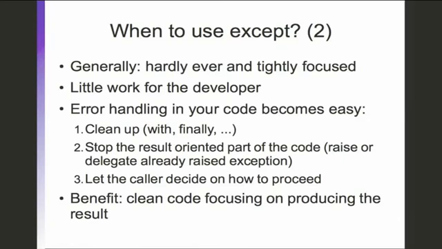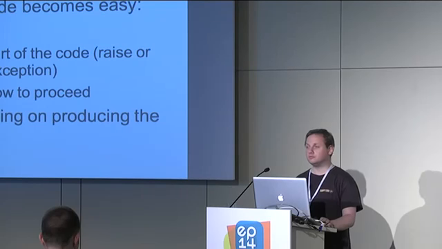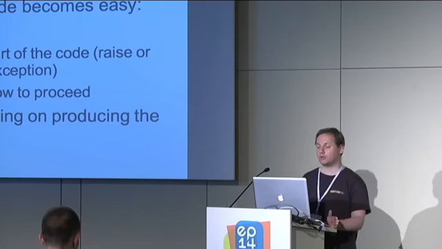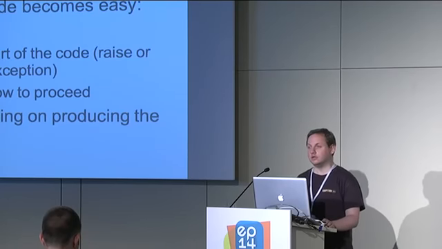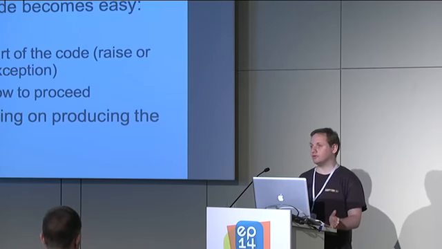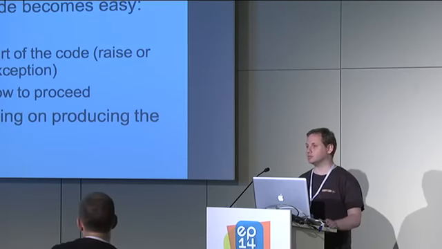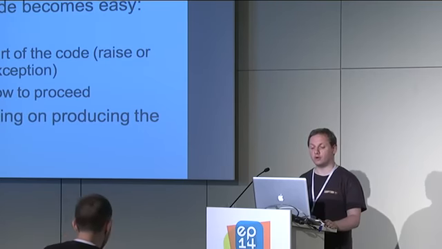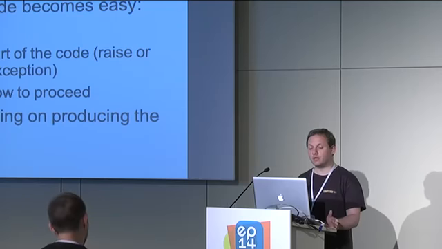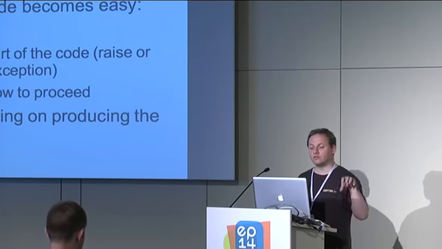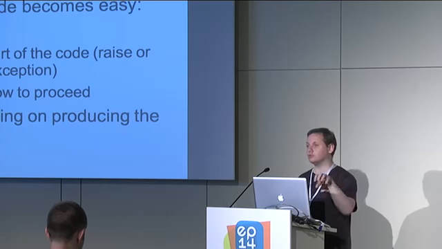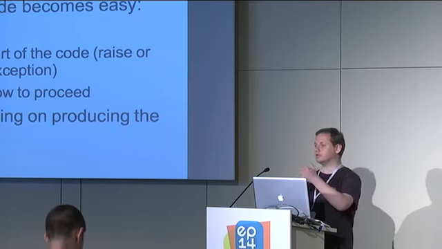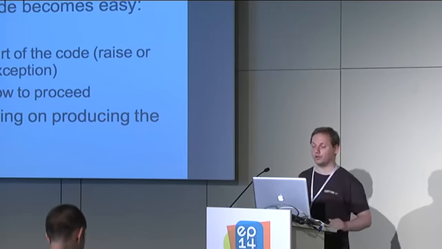Eventually, one of the calling routines will decide how to deal with it, but it's not your problem at that moment. The nice thing is that you don't have to care about producing the result because the exception mechanism already stops the productive part of your code. And the benefit of all this is you have clean code focusing on producing the result, and it doesn't intermingle with try, except, and whatnot.